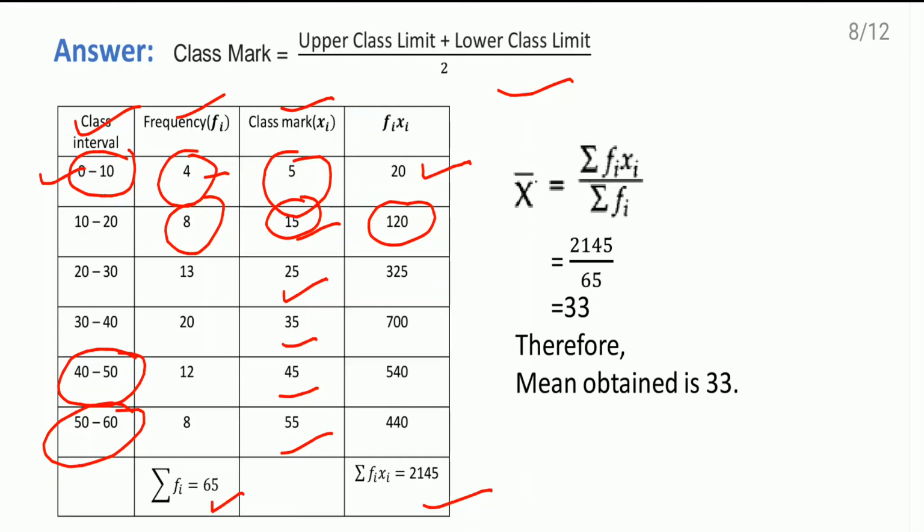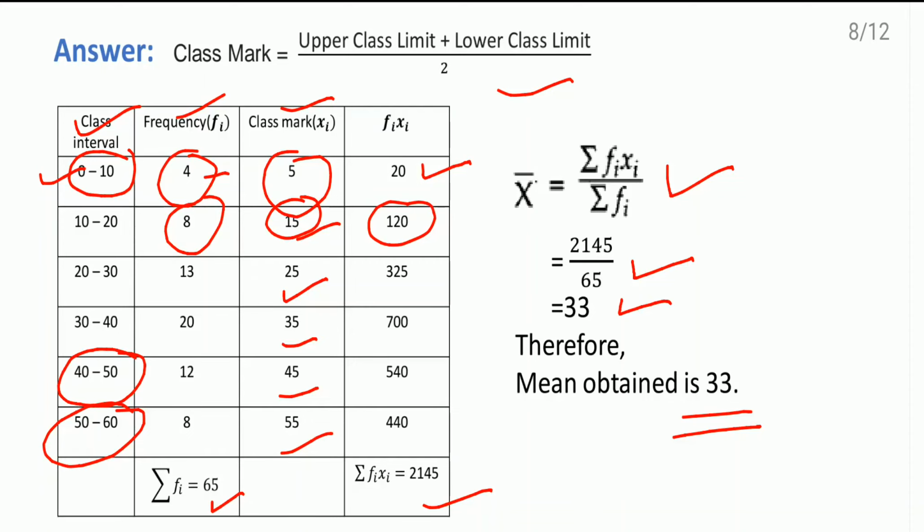So here this formula of mean, substitute over there. So after substituting and dividing, we are getting the answer as 33. Therefore mean obtained is 33. Now remember once again, this method is the direct method to get the mean, right, for the grouped data.